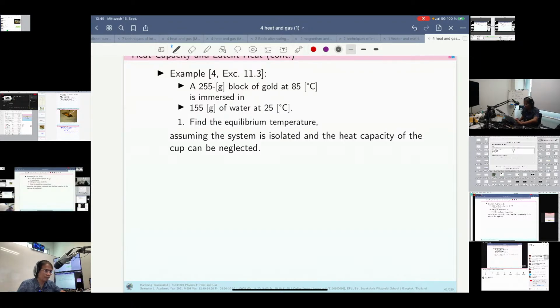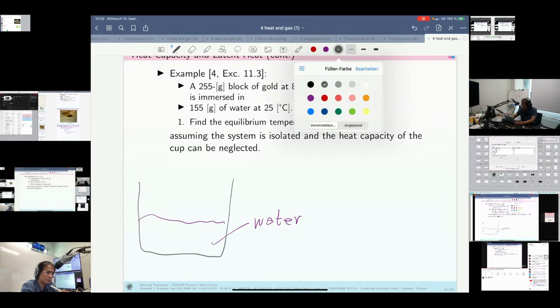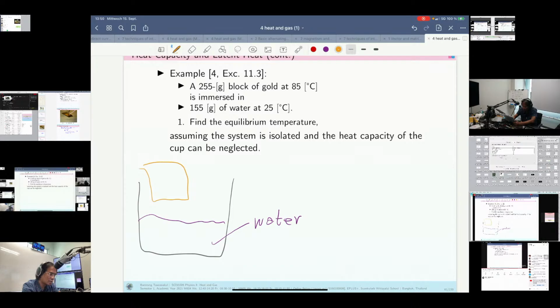You have a device like this, a holder, and this is the water, right? Water, and you have the gold. Okay, this is Au, gold, and you leave it.